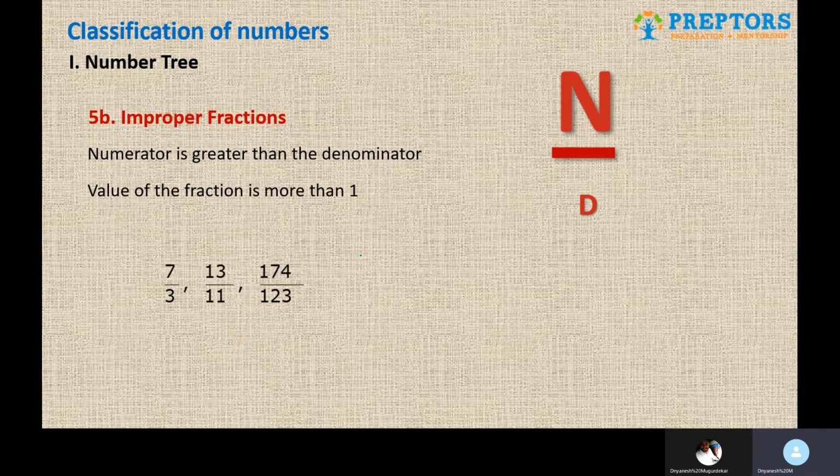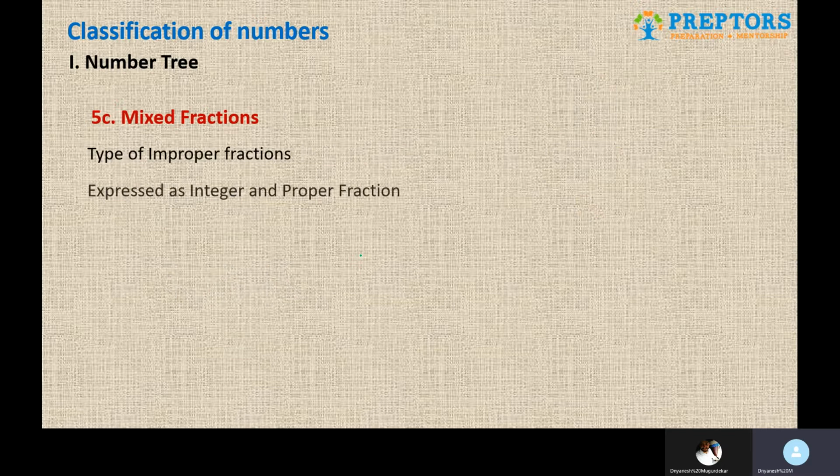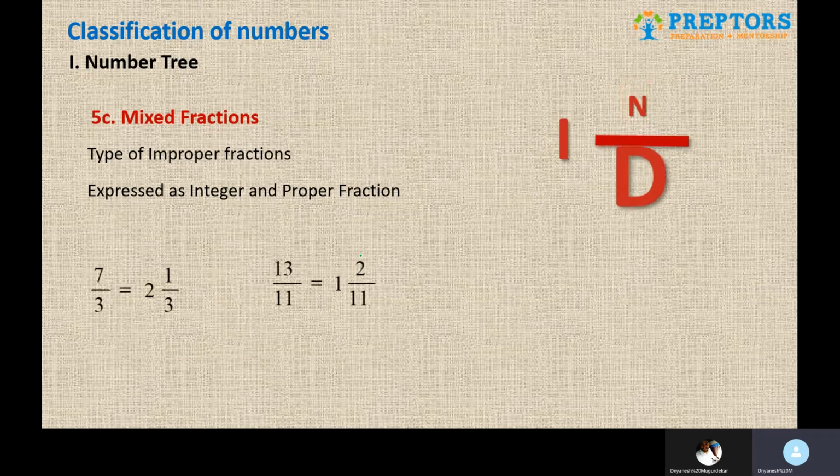The third and last category of fractions is the mixed fraction. A mixed fraction is usually represented like this: an integer, and a numerator and denominator. When you simplify any mixed fraction, suppose 2 1 by 3, you do 2 into 3 plus 1, which gives you 7 by 3. Likewise 1 2 by 11 gives you 13 by 11.